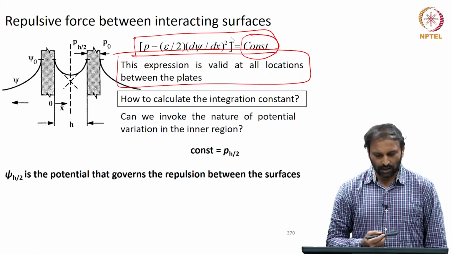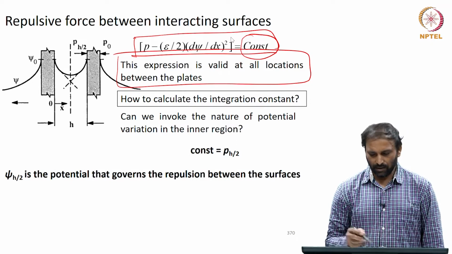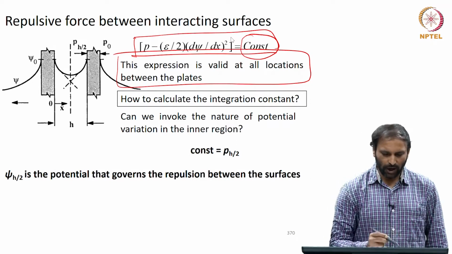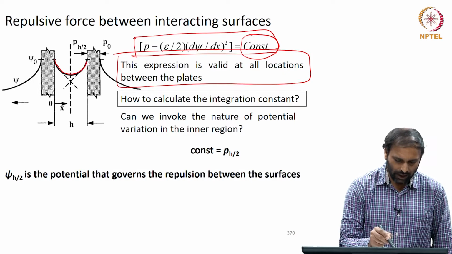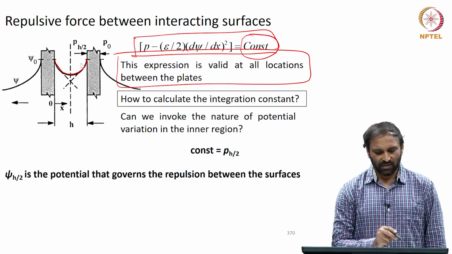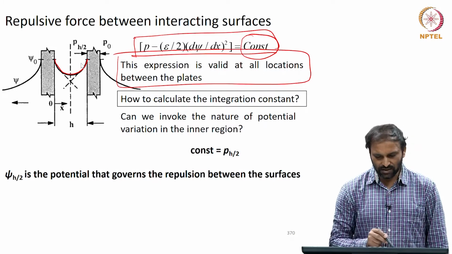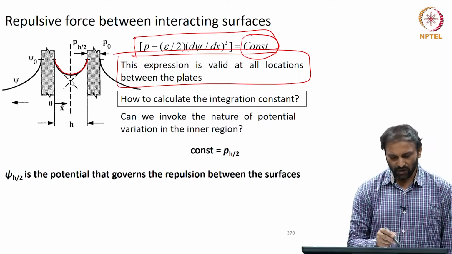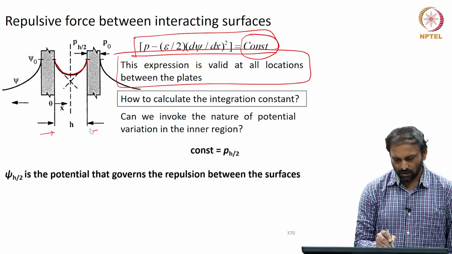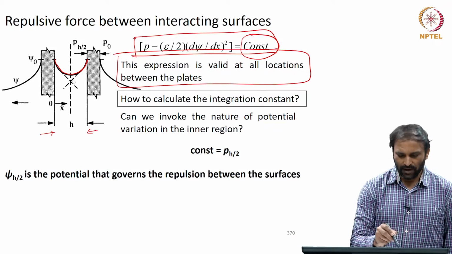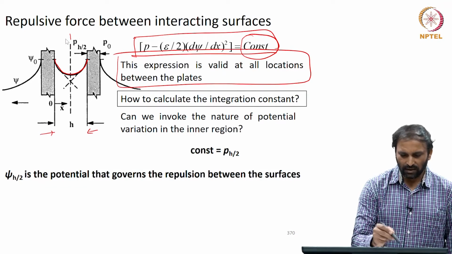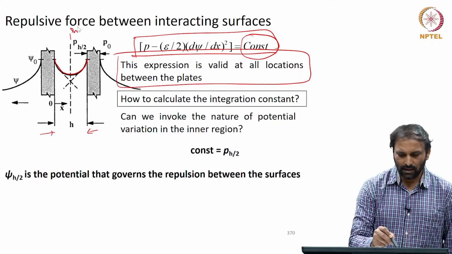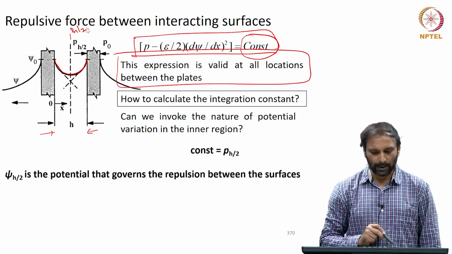One way to think about obtaining the integration constant is to look at how the potential, because of the overlap, varies with the distance, right. If h is the distance between the plates, and the dashed line that is drawn is the mid plane, that is at the distance h by 2.